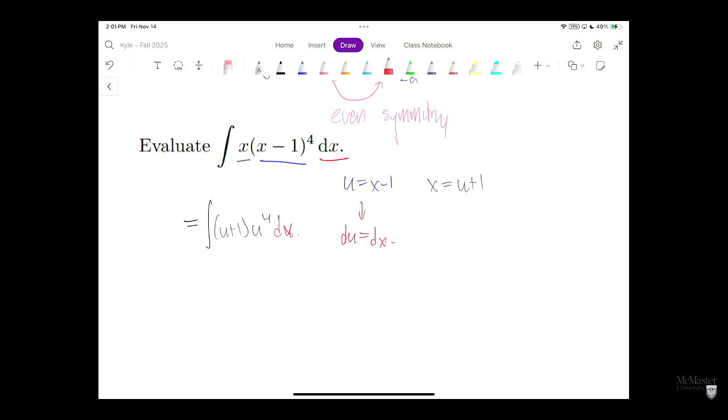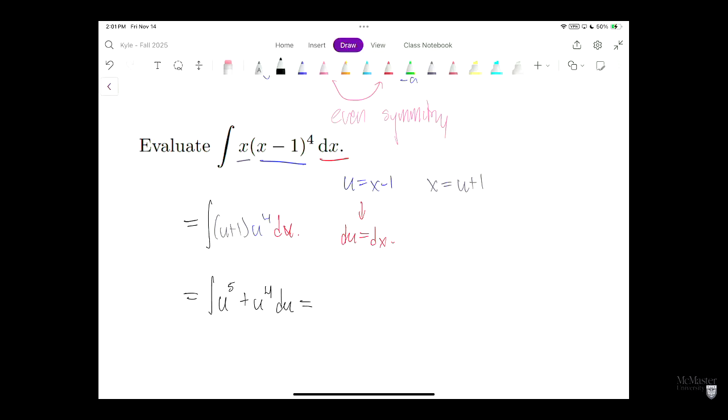Notice we subbed in every single possible value. Now you're going to say it looks very similar, and it does. But now notice that we've moved the plus 1, or the plus a constant, over to the term with just a power of 1. So now we can easily expand this, turn this into a standard form for our polynomial, u to the 5 plus u to the 4 du.